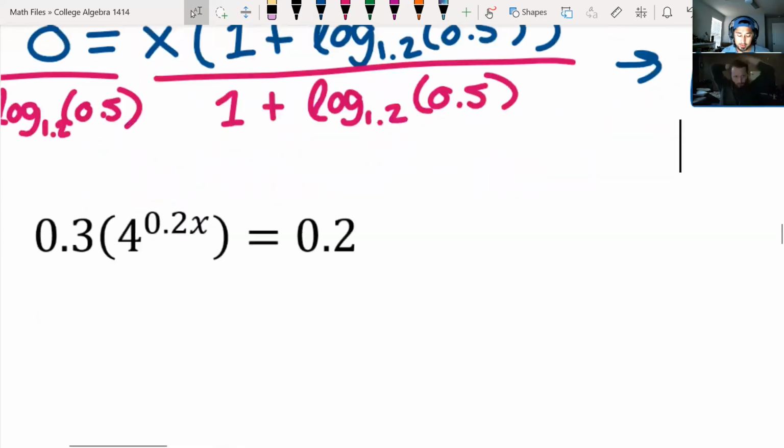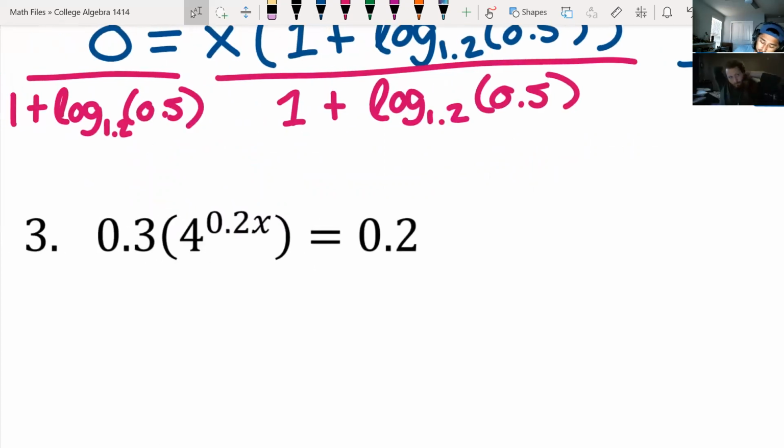3. You have 0.3 times 4 to the 0.2x equal to 0.2. Okay. So again, we're going to solve for x. So the first thing we're going to do is get rid of this 0.3 because we can't convert to log until we get rid of that 0.3 because we need the exponential function by itself.